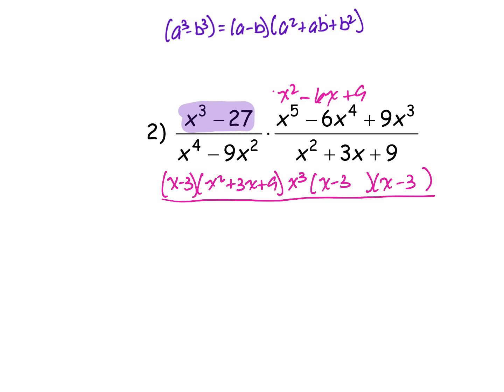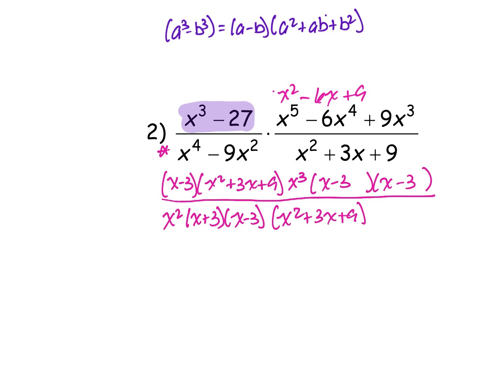Please, if you have any questions about any of the factoring I'm doing, please let me know, okay? And then out of this one, I can take an x squared, and it becomes x squared minus 9, so that's x plus 3 and x minus 3. And then this doesn't factor, x squared plus 3x plus 9.